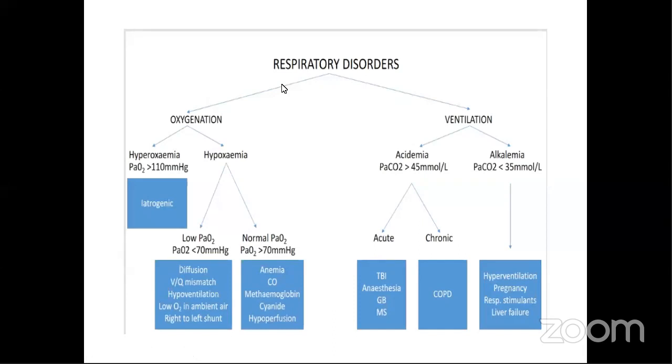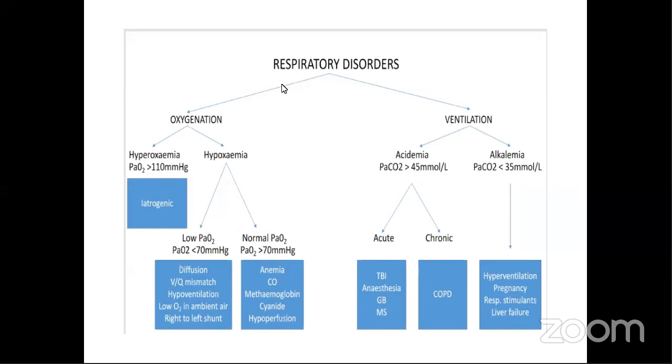In case of acidemia, it's classified to acute or chronic. So simply the causes for acute acidemia, we can tell about traumatic brain injury, anesthesia side effect, Guillain-Barré syndrome, myasthenia gravis.